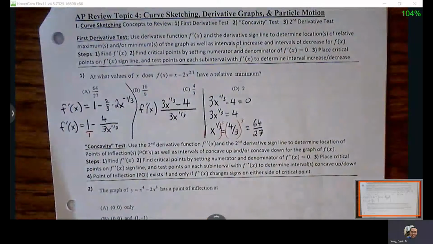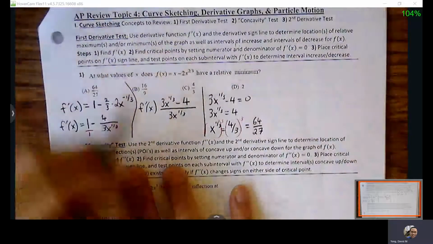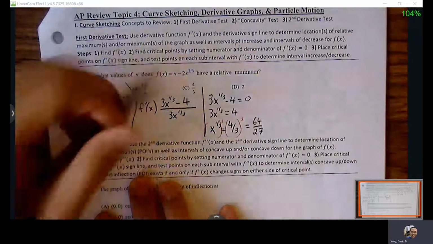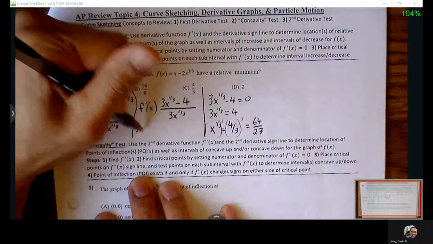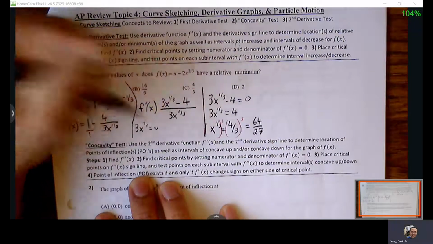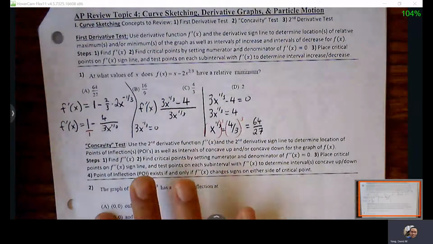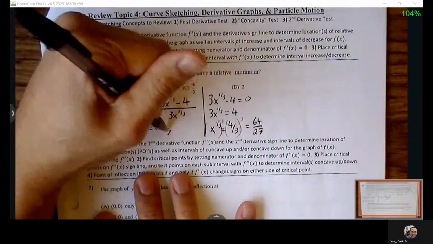It's like 2 point something, right? A little bit more than 2. Okay. The other critical point we can find is from the denominator. We can set the denominator equal to 0. Divide by 3, cube both sides, x equals 0.